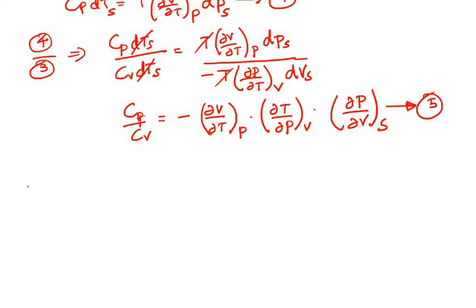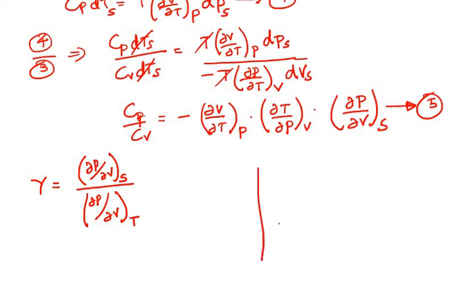Also we know that gamma is equal to dou P by dou V at constant entropy process divided by dou P by dou V in an isothermal process. So this I can draw as a graph.